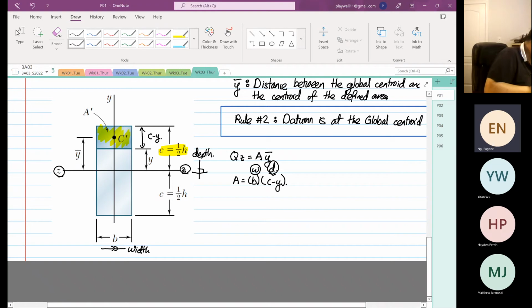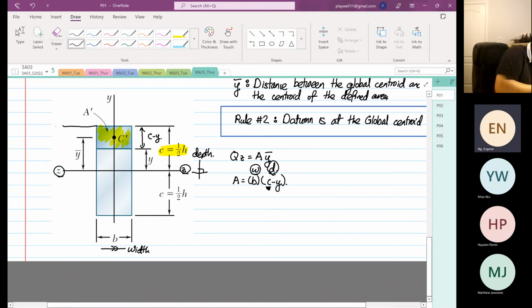Okay, so then the interesting part is this. Okay, we have C minus Y, and it's not Y minus C because it's positive. So if you look at the defined area, right, the defined area starts from the Y max, right?